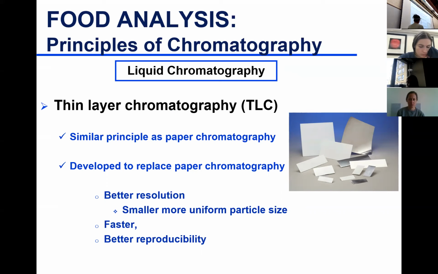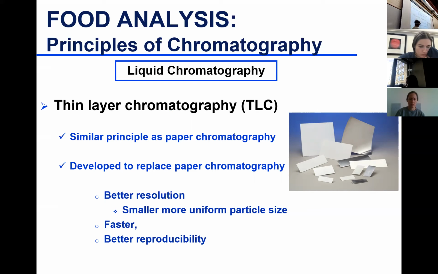The inert surface can be glass or aluminum, for example, and you spread your silica gel using specific tools that make a very thin and consistent layer.